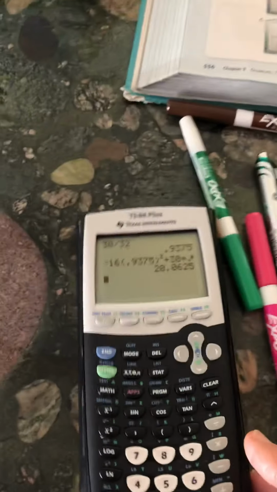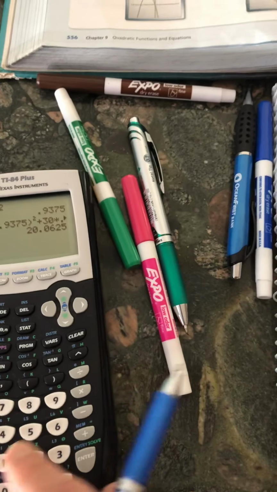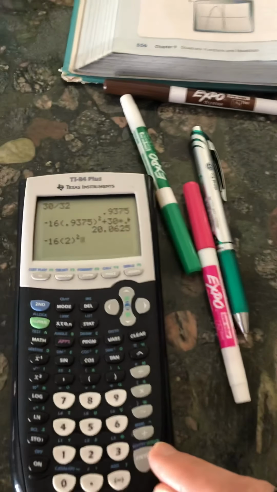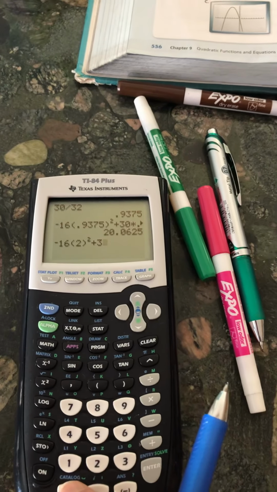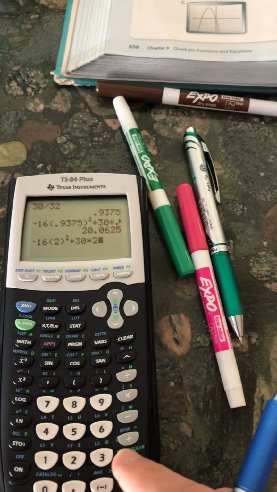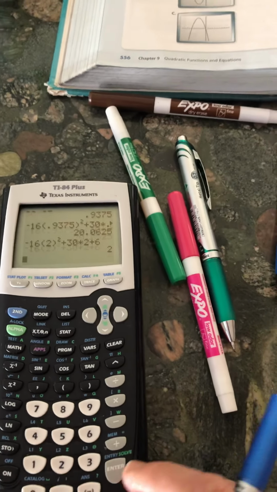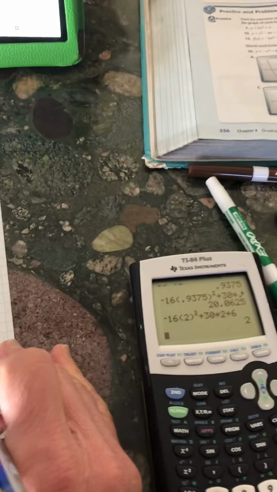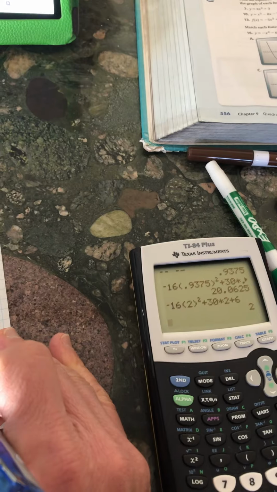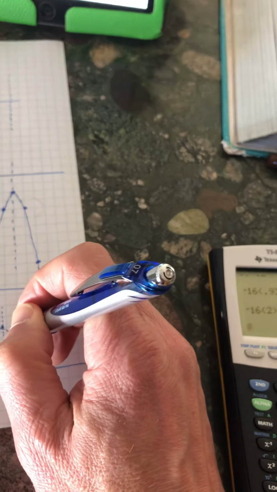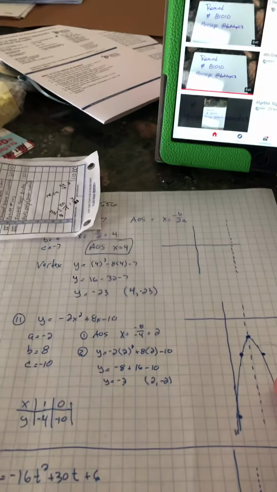But I just go to the calculator and I would type in negative 16 times 2 squared plus 30 times 2 plus 6. Oh, I'm at 2 feet, right? I'm at 2 right there. So at 2 seconds, I'm 2 feet above the ground. So again, that sketch would go up, and so it would come down. It looks like it's off a little bit. I'm not sure exactly why that looks off.